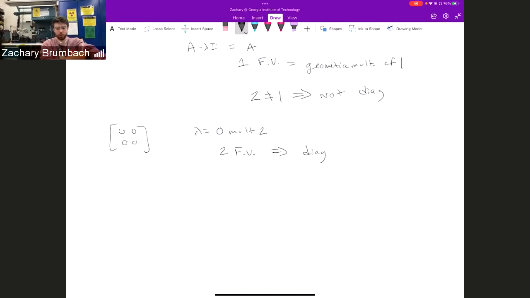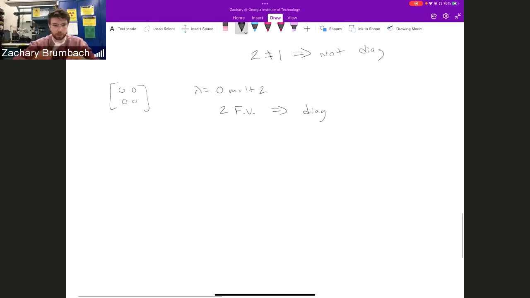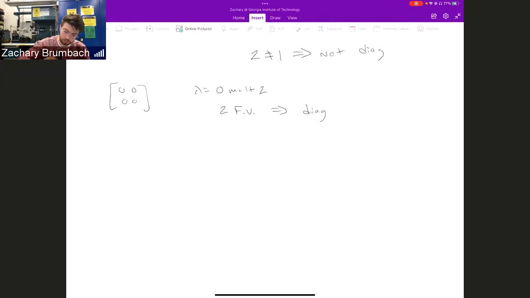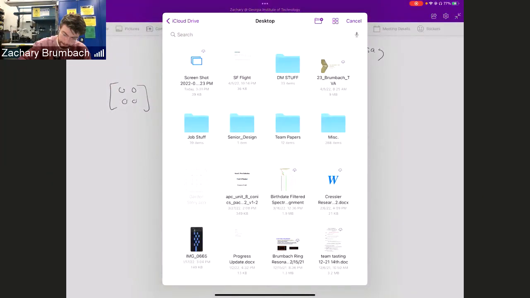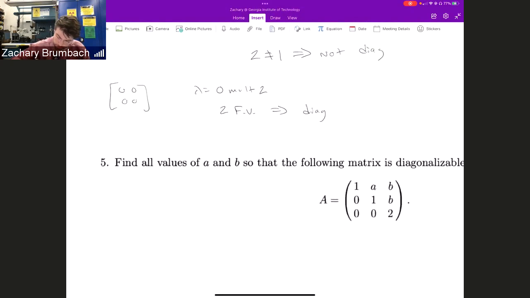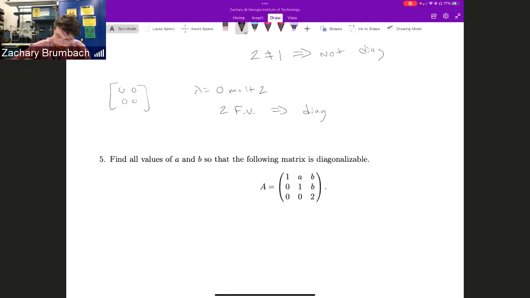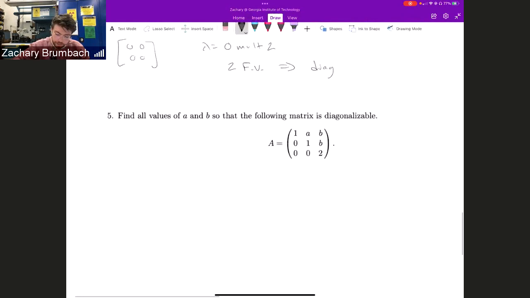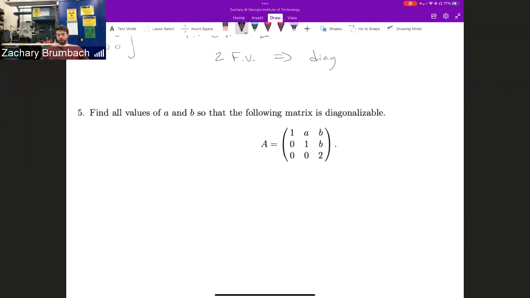Cool. So, question asked. Okay. So here, find all values of A and B such that the following matrix is diagonalizable.